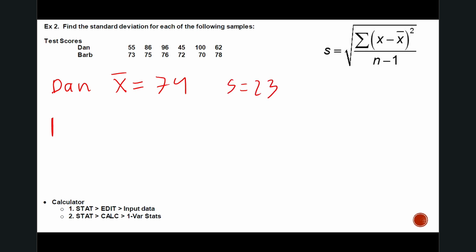Barb has the same mean. The standard deviation is what we calculate on our calculator. Let's do it to 1 decimal. That was 2.9. So her scores are much more consistent than Dan's, which is what standard deviation tells you, right? The larger the standard deviation, the more your values vary.